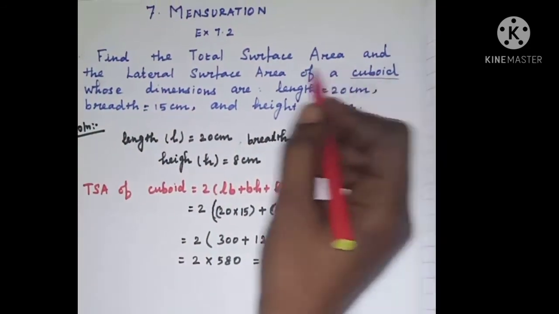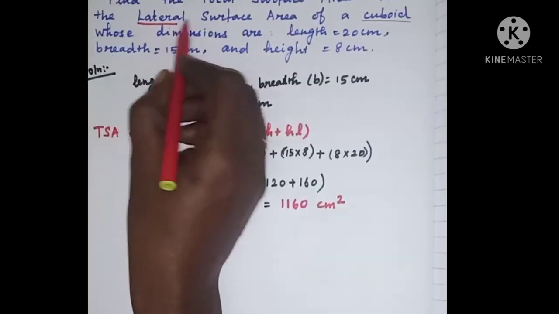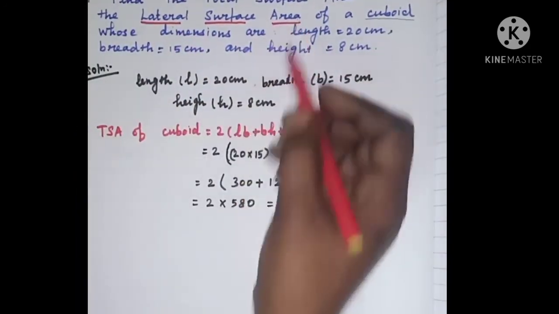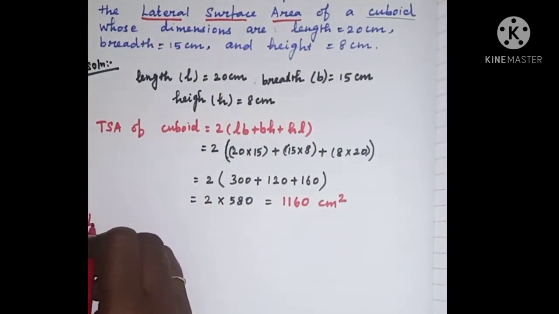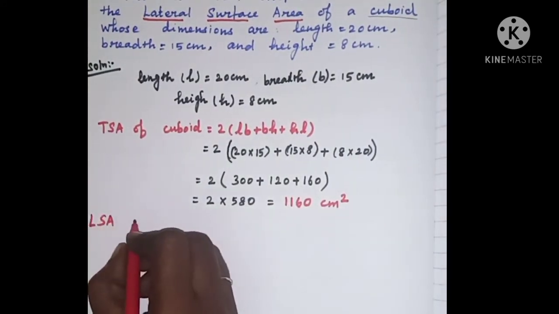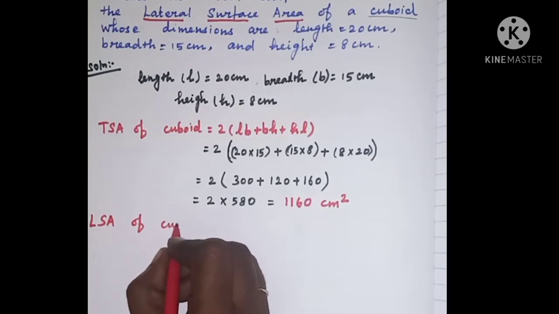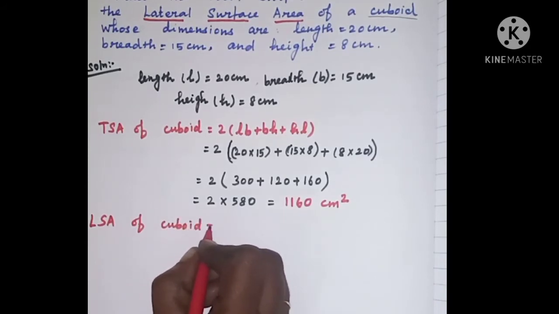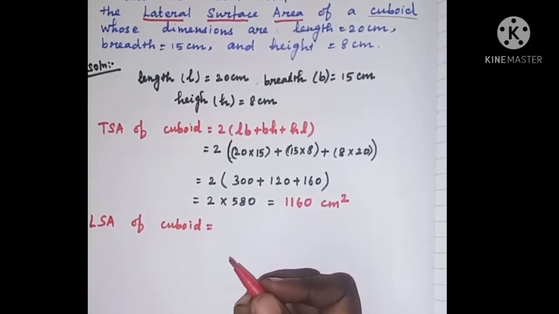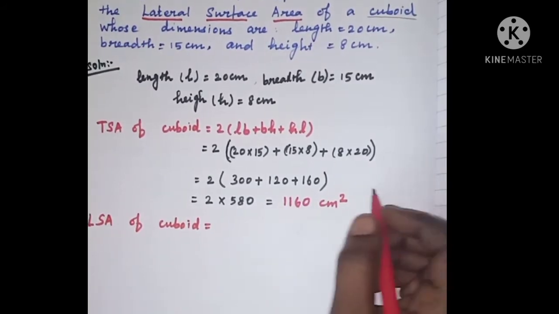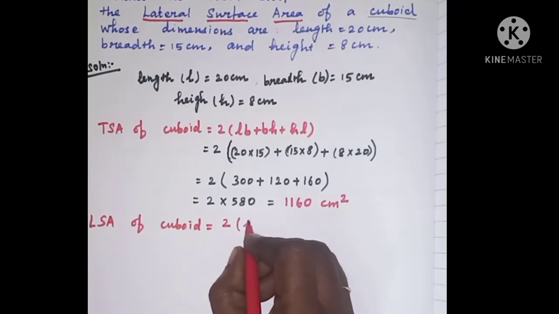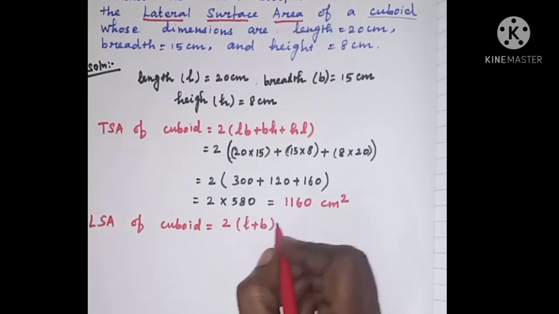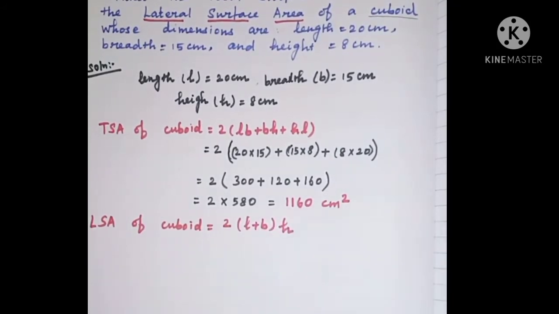Next we have to find the lateral surface area of the cuboid, that is LSA of the cuboid. So LSA of cuboid is equal to, what is the formula to find the lateral surface area of the cuboid? I already told you the formula is 2 into (L plus B) into H square units.